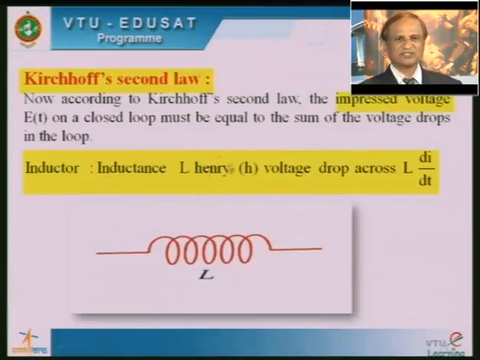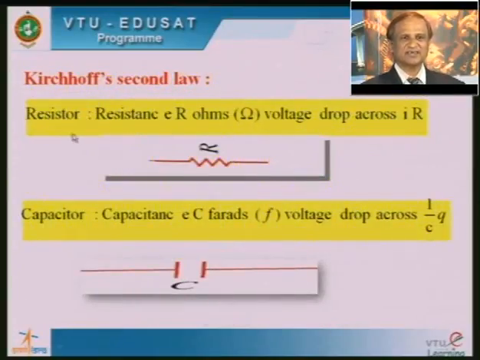We use the unit Henry. The voltage drop across it is denoted by L into di by dt. This is the circuit and this is the formula in the case of an inductor. Similarly, for a resistor, resistance R is measured in ohms, and the voltage drop across it is i into R.